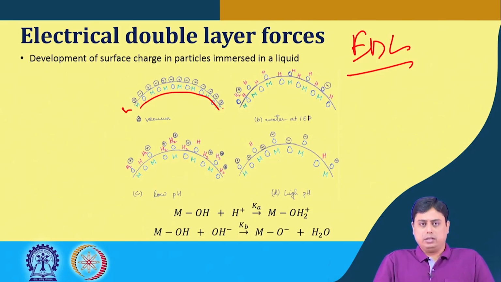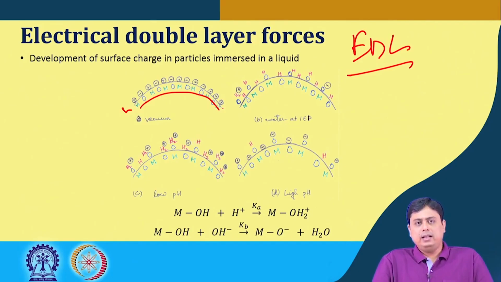Now, when there is moisture or some humidity in air beyond a certain percentage, or it is immersed in water, it will react with water and create metal hydroxyl groups.